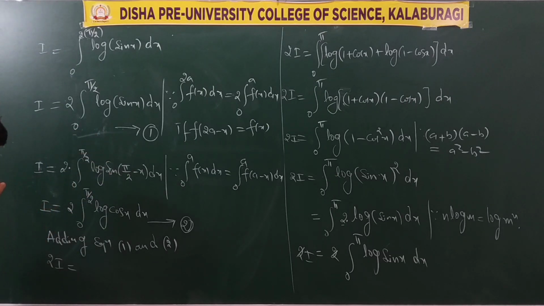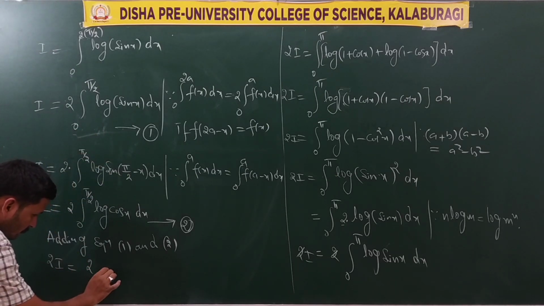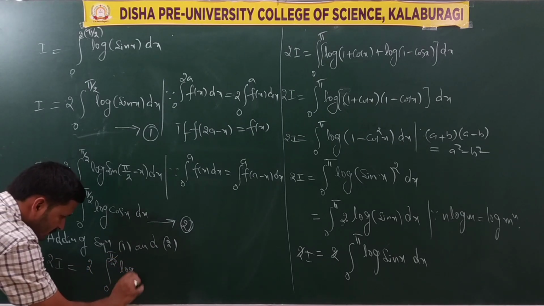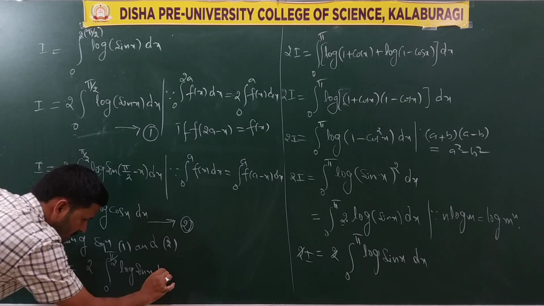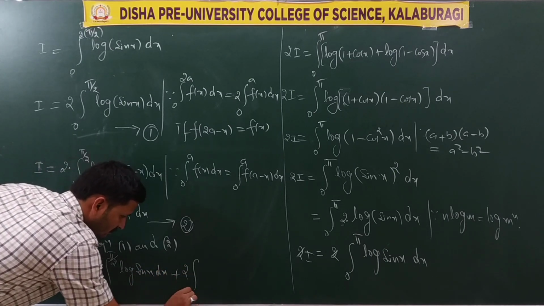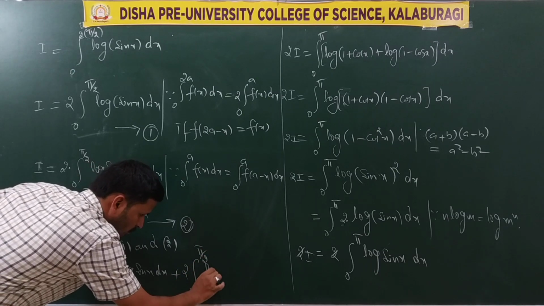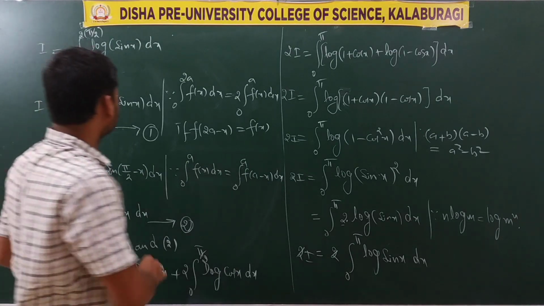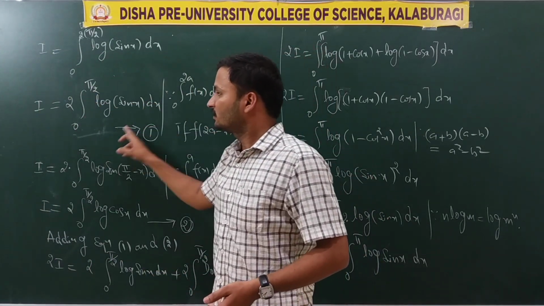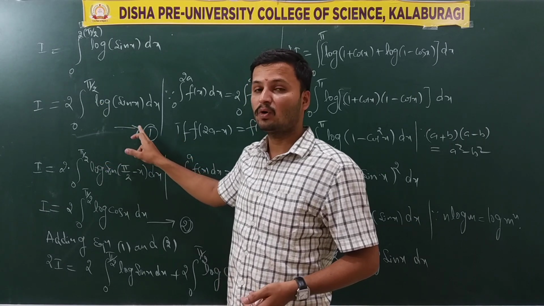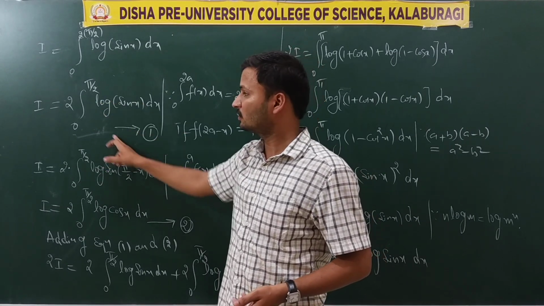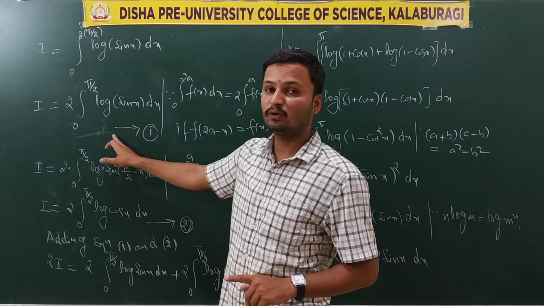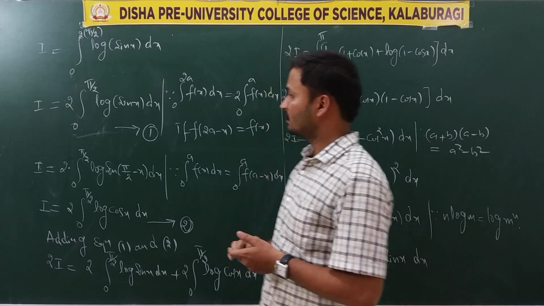So adding, taking 2 common, we get integral 0 to pi by 2 log of sin x dx plus 2 times integral 0 to pi by 2 log of cos x dx. Got the thing? What was the answer in the second problem? That is pi by 2 into log of 1 by 2. Correct? So 2 2 cancels. What answer should we get now? Pi into log of 1 by 2 should come.